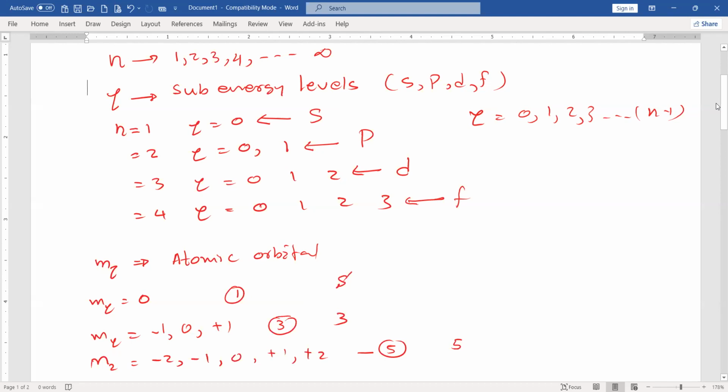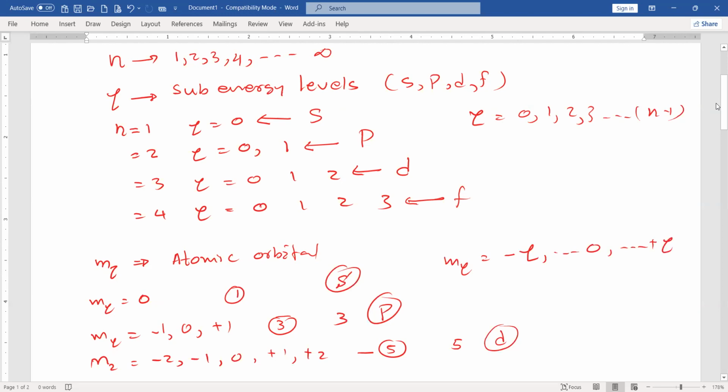Then atomic orbitals: minus 1, 0, plus 1 means we have 3 atomic orbitals for the P sub-energy level. ML can take minus L to plus L, including 0.